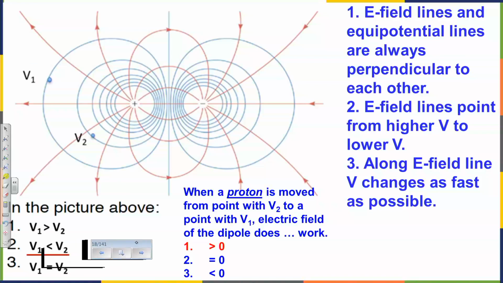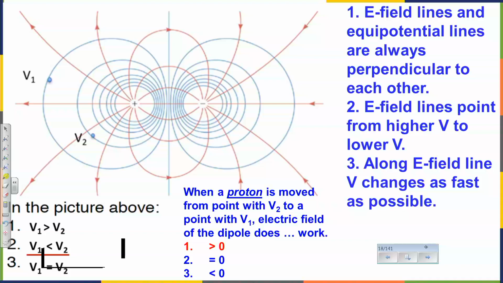Okay, this is an example of how we can analyze the picture. As I said, when electric potential changes, the easiest way to see how it changes is to bring the points with the same potential on the same field line.